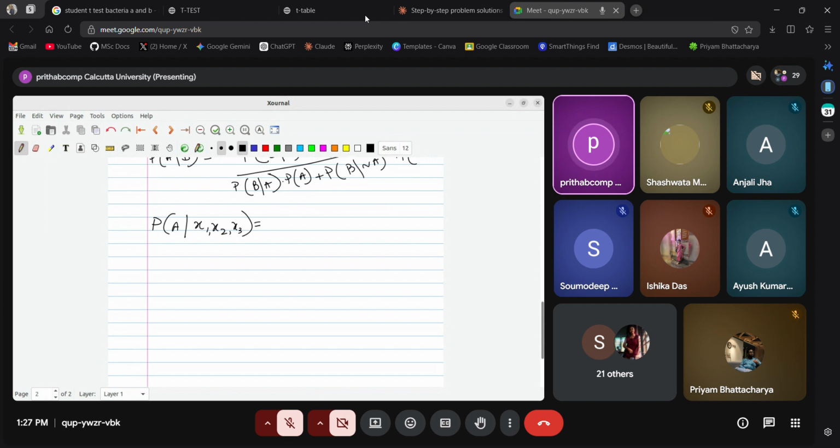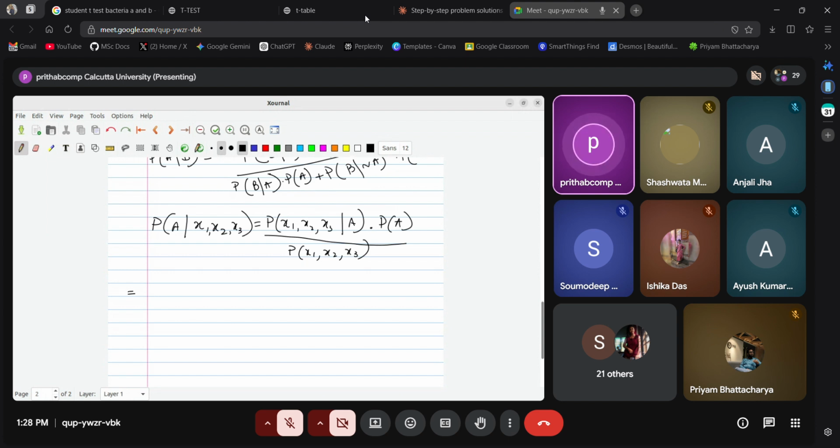Let's say there are just three things. Then probability of x1, x2, x3 given A into probability of A divided by probability of x1, x2, x3 together, right?